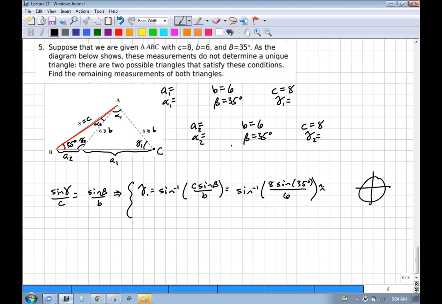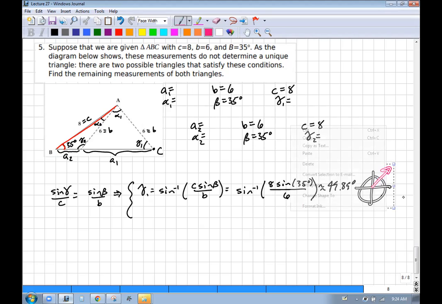And whatever this is, I'll type it into the calculator here. Arc sine of 8 times sine 35 divided by 6, convert to degrees. I'm getting 49.89 degrees. That's somewhere right in here.